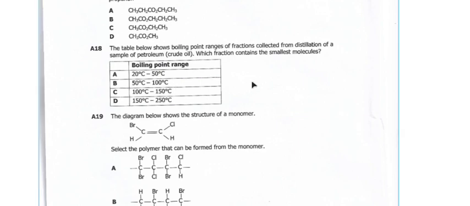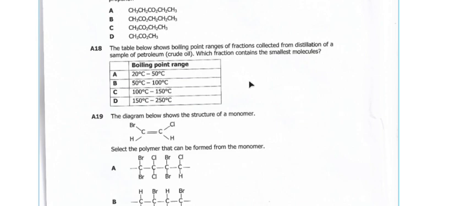Okay, A18. The table below shows boiling point ranges of fractions collected from distillation of a sample of petroleum crude oil. Which fraction contains the smallest molecule?